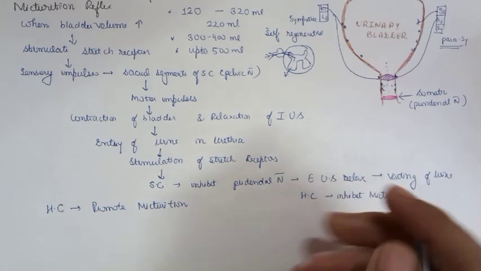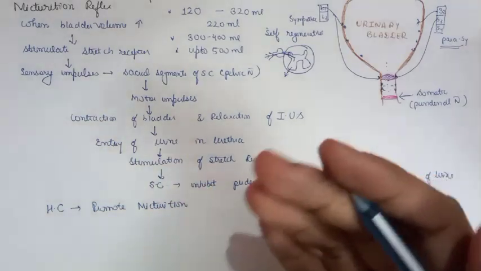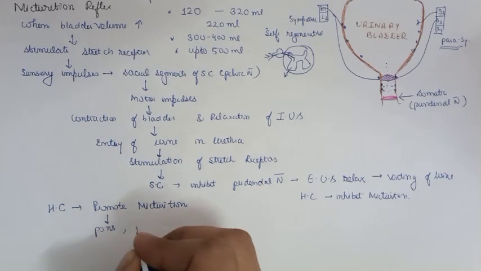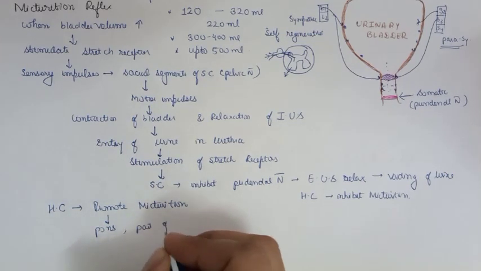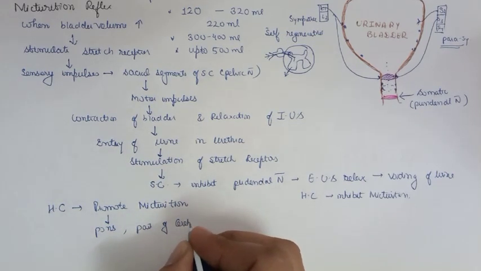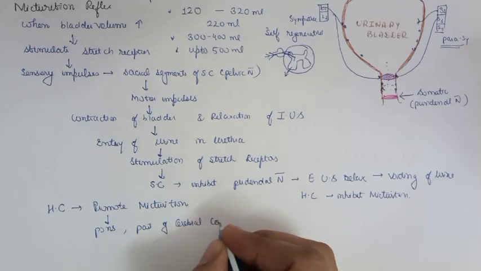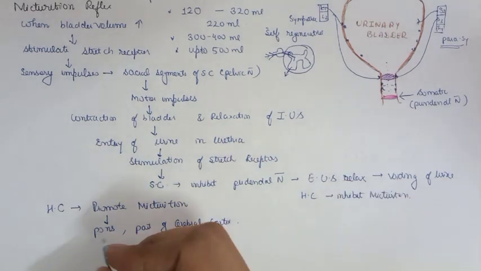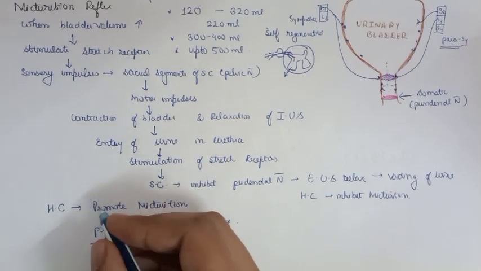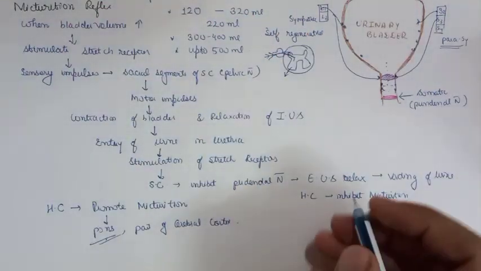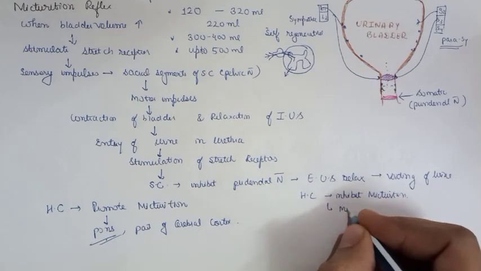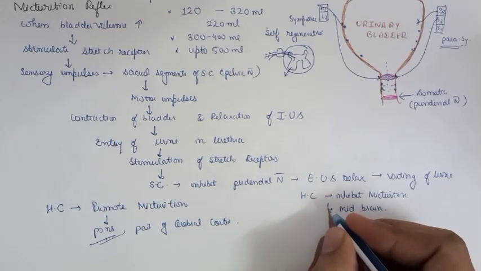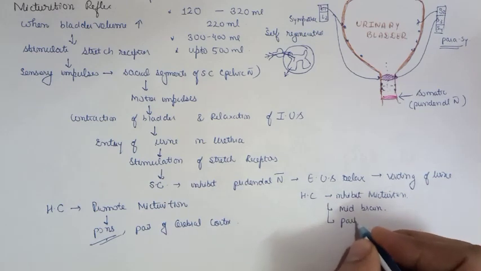The higher centers which promote or facilitate micturition include the pons and part of the cerebral cortex. The exact part of the cerebral cortex is not yet known, but you can mention the pons. The pons promotes the micturition process, while the midbrain inhibits it, along with some part of the cerebral cortex.